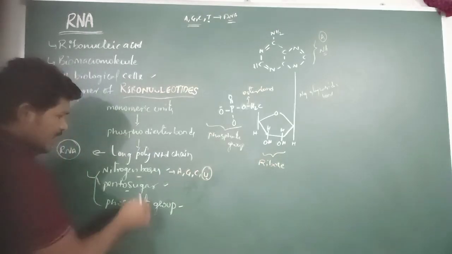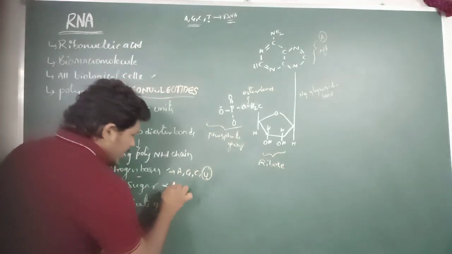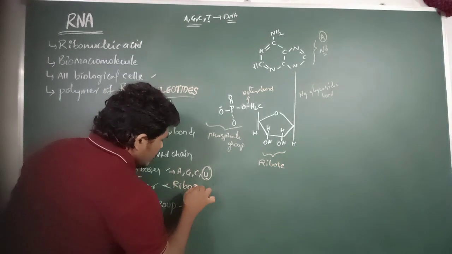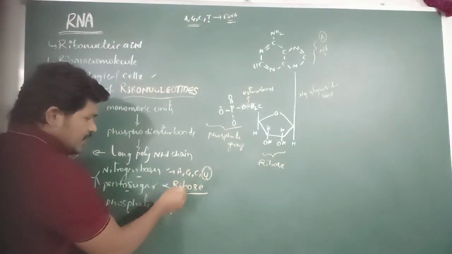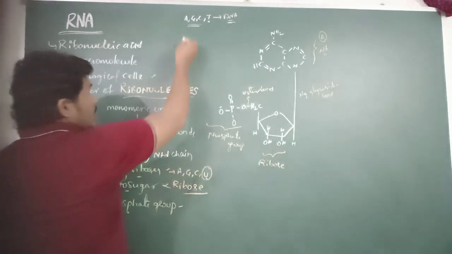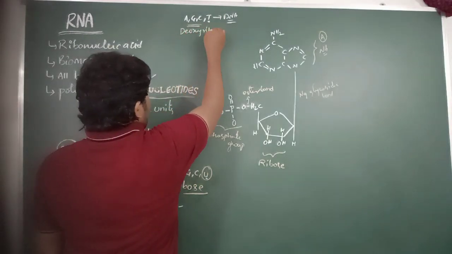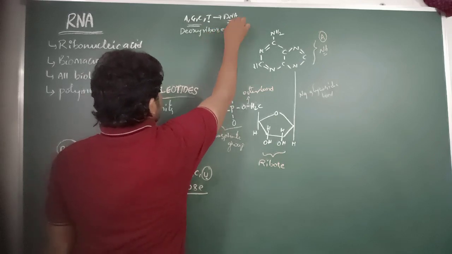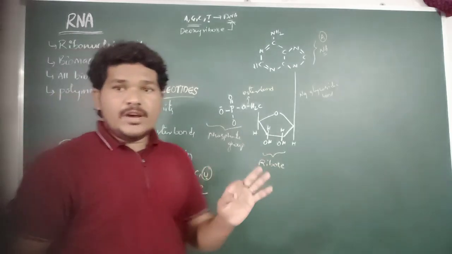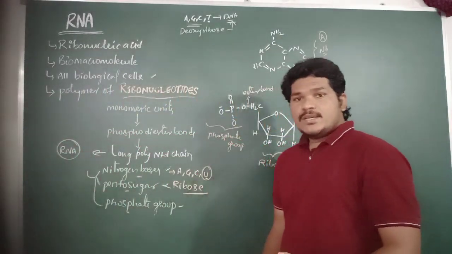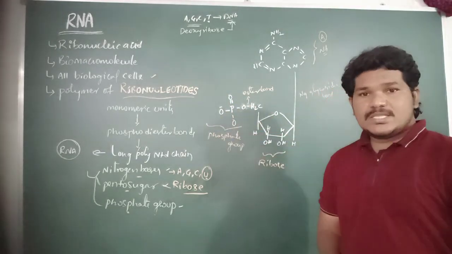The pentose sugar present in RNA is ribose instead of deoxyribose sugar. In DNA, the pentose sugar is deoxyribose. So DNA is a polymer of deoxyribonucleotides and RNA is a polymer of ribonucleotides.